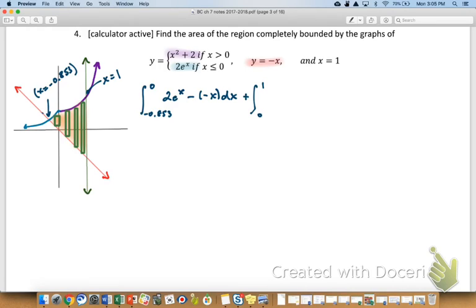Yeah, it makes sense. I just want to make sure I represent you correctly. Yep, x squared plus 2 minus negative x dx. And that's it.